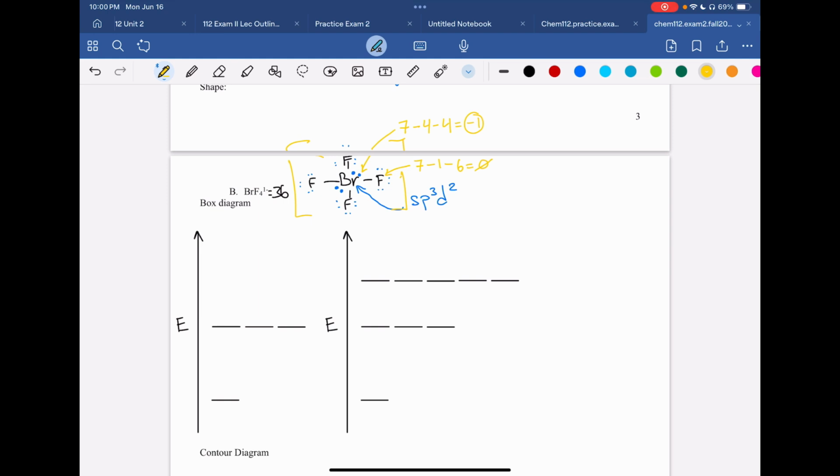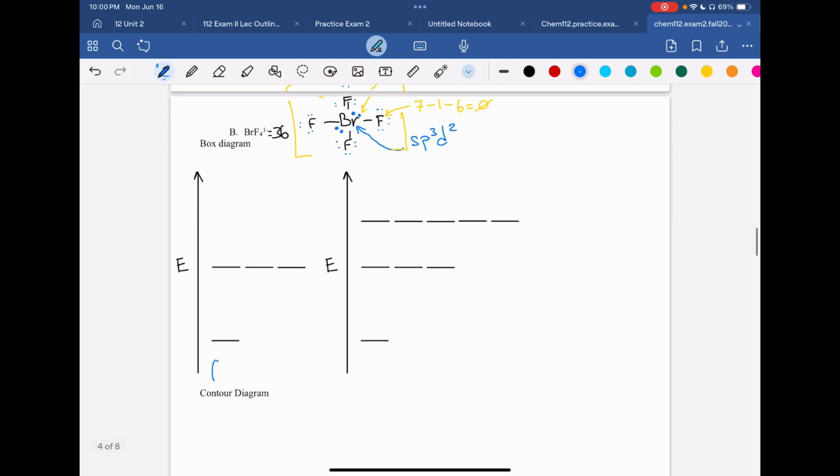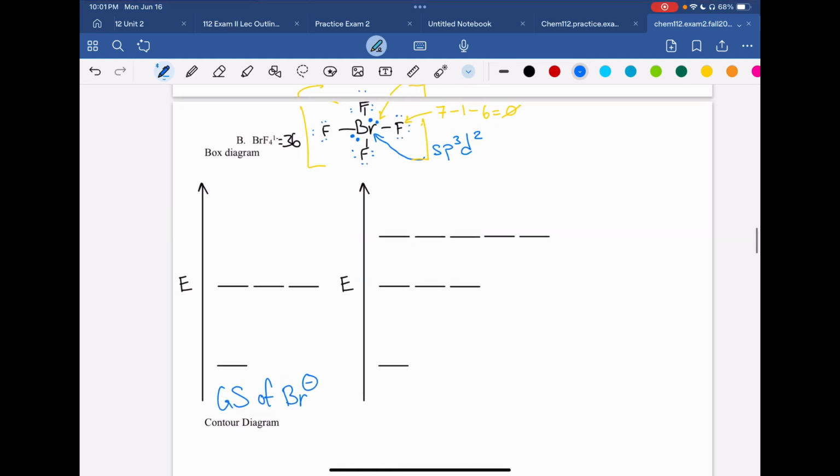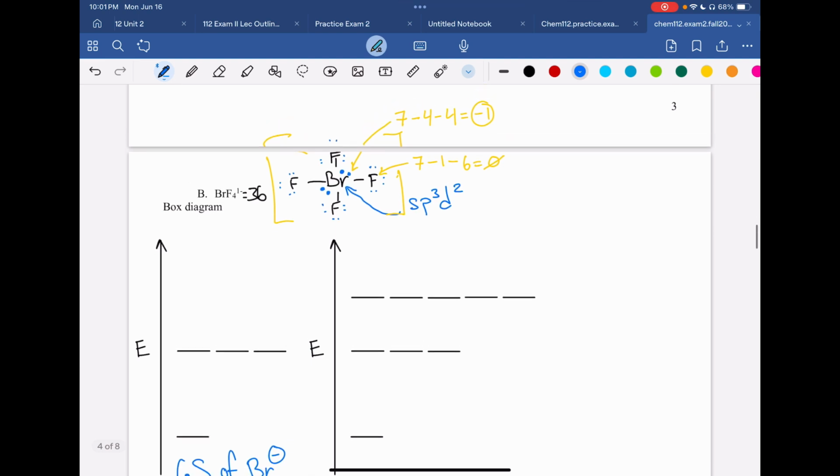Negative 1. But when you do the box diagram for an ion, it's no longer the ground state of bromine. It's the ground state of bromine ion. This is very, very important. Okay? You may have not covered this or maybe forgot. Okay? All right? It's the ground state of your central atom. Your central atom just so happened to be negatively charged, meaning it gained 1 electron.